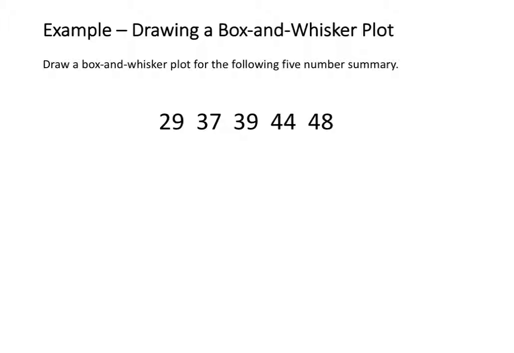So my scale needs to go from 29 up to 48. So I could go up in lots of 2, starting from 28 and going up to 48. And that will give me enough space on my scale to be able to draw my box and whisker plot.